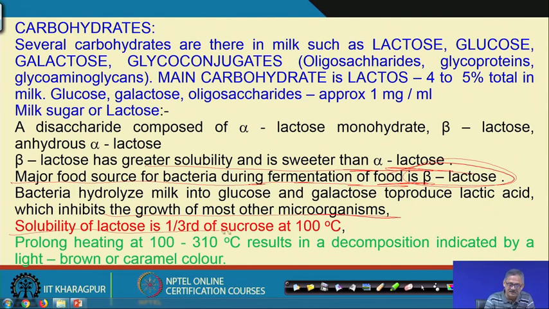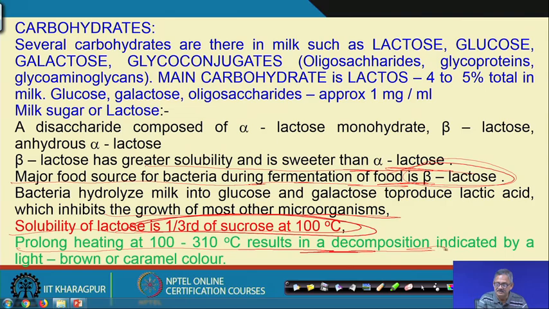The solubility of lactose is one third that of sucrose at 100 degree centigrade, so it is also much lower than that of sucrose. Prolonged heating at 100 to 300 degree centigrade decomposes lactose, which is indicated by a light brown caramel color.